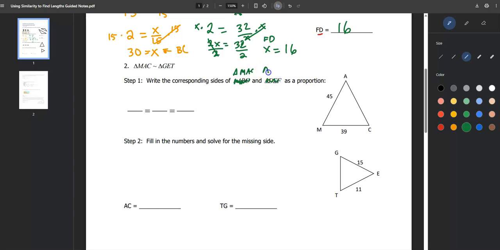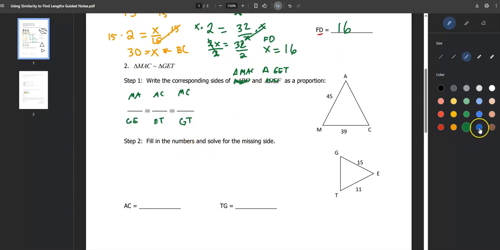And this should say triangle G, E, T. Okay, so if I go through that, that means that this should be MA over GE. Again, MA, the first two of each. And then I'm going to go AC over ET. And then I'm going to go MC over GT as well.